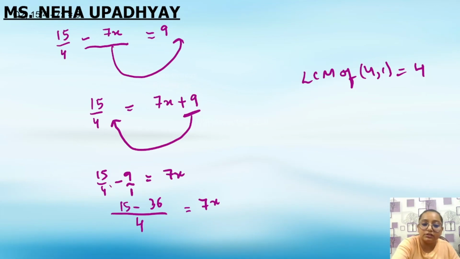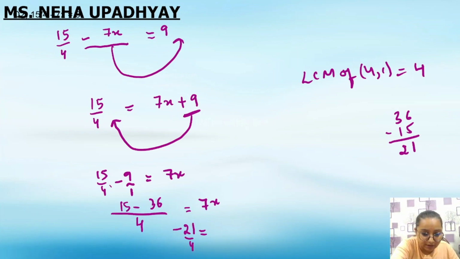Now we will solve this. What is 36 minus 15? 6 minus 5 is 1 and 3 minus 1 is 2. But we will put minus 21. Why? Because the negative is with the bigger number. So minus 21 by 4 is equal to 7x.